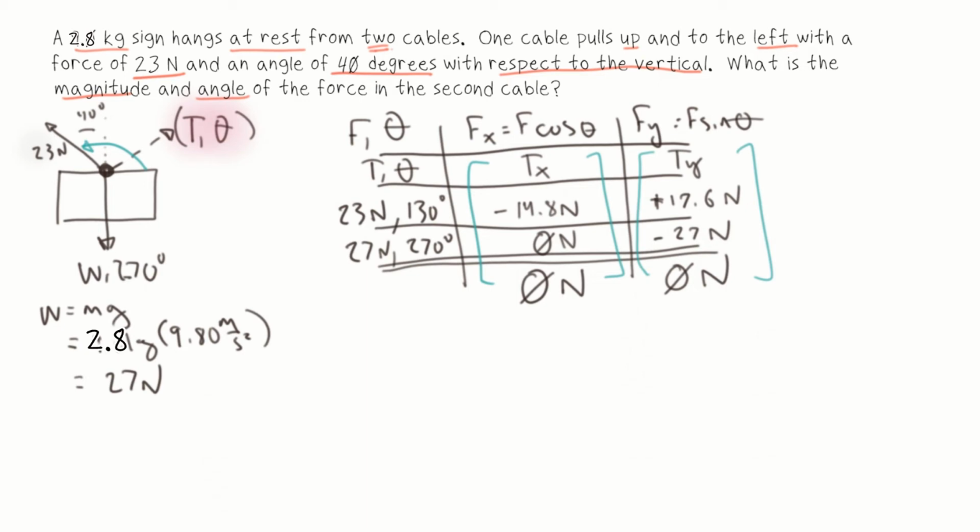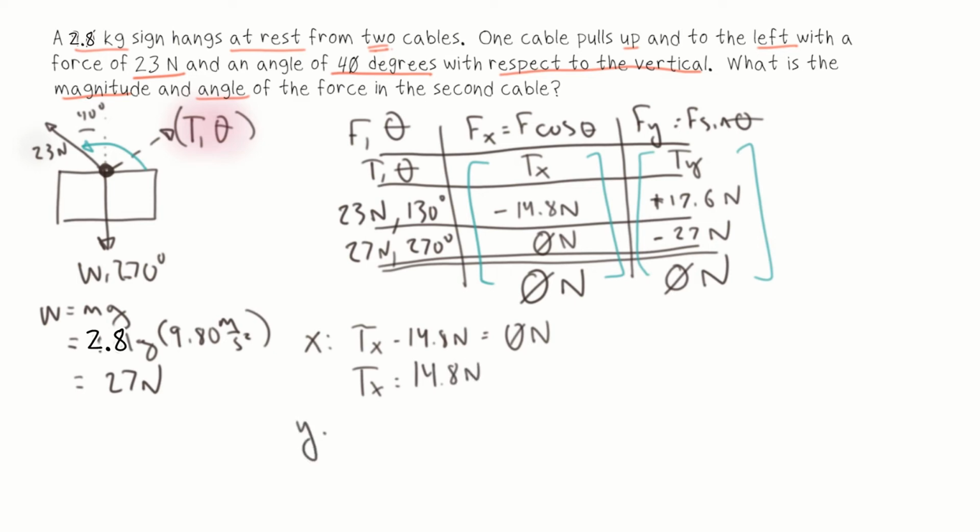So we don't exactly know the magnitude and we don't exactly know the angle, but in the x direction, we know that tx minus 14.8 newtons equals 0 newtons. So we know that tx has to equal 14.8.